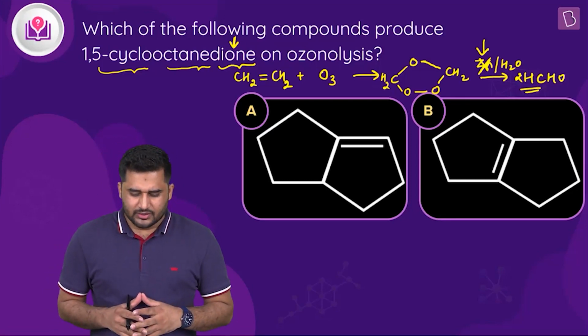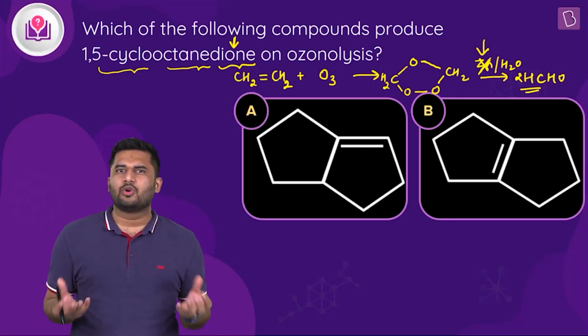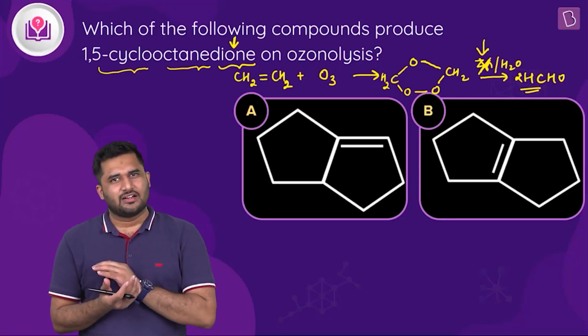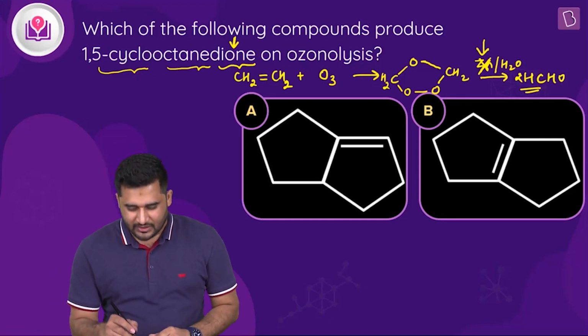Now let me tell you a trick to solve such kind of questions. You do not have to put more time into solving such easy questions, and the trick is very simple and applicable in all such questions based on reductive ozonolysis. So let me tell you the trick.